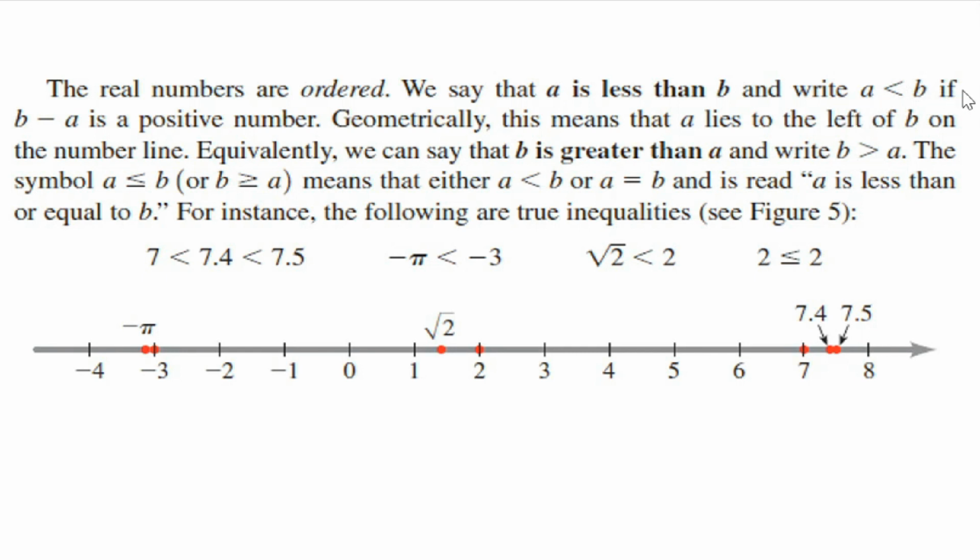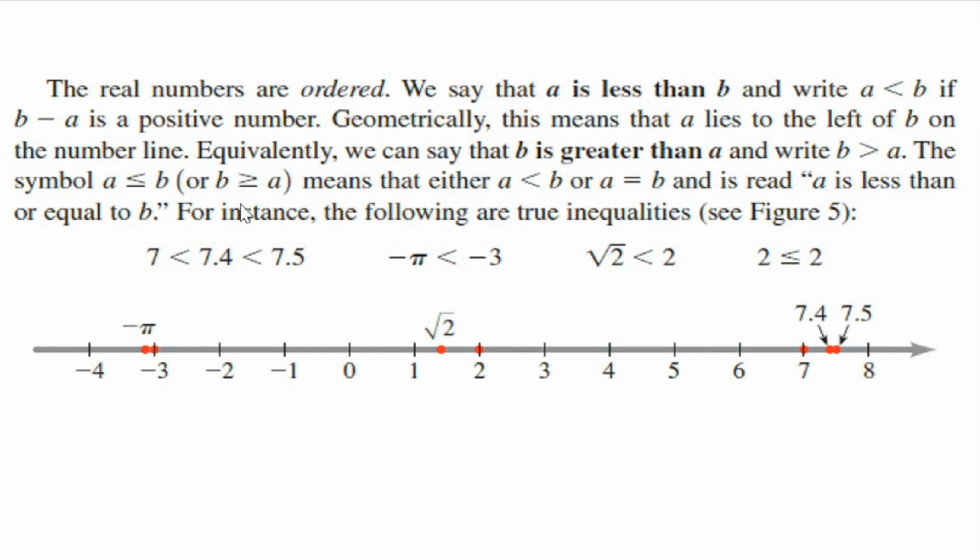A is less than B if B minus A is a positive number. Take note, the other way of writing A less than B is B minus A being a positive number. Geometrically, this means that A lies to the left of B on the number line.